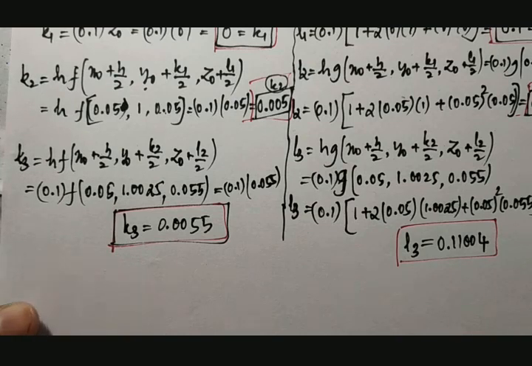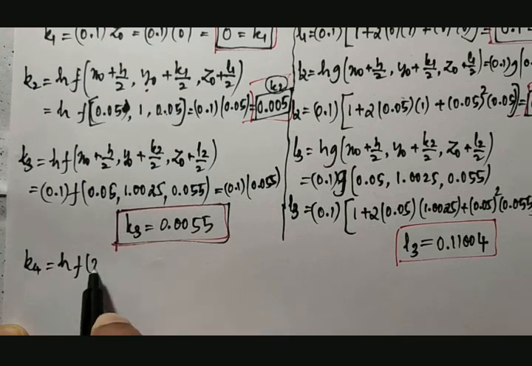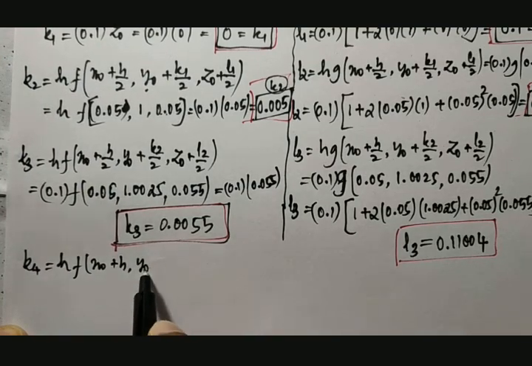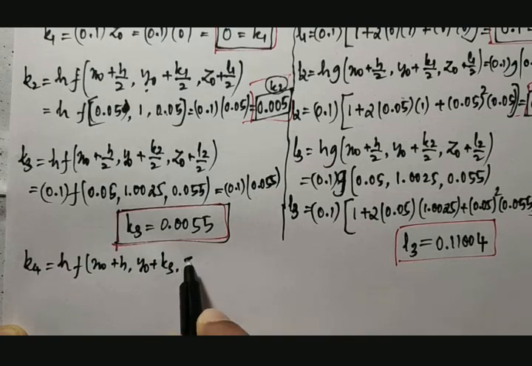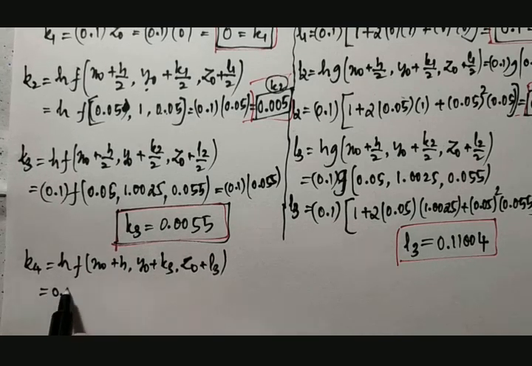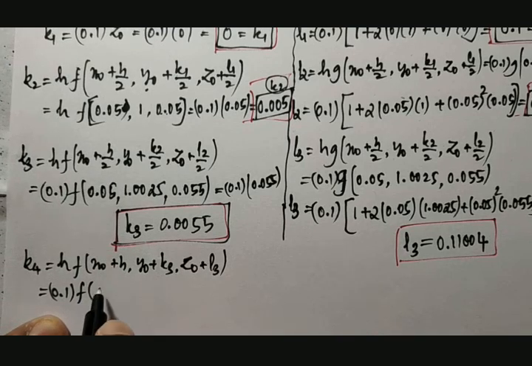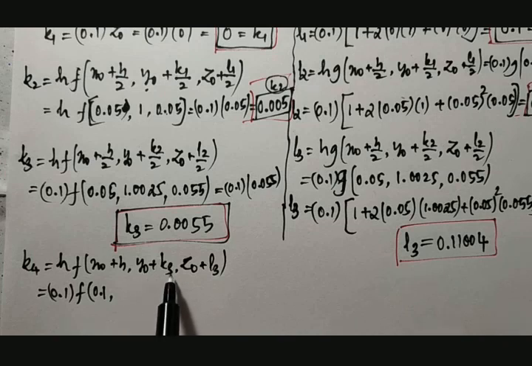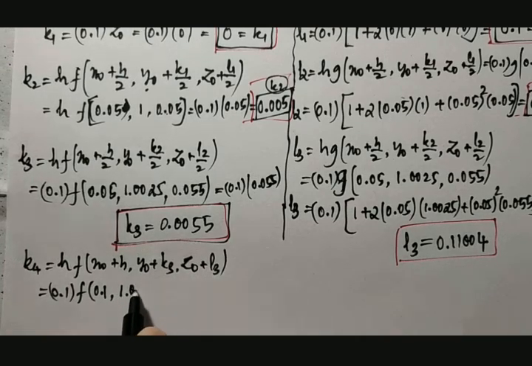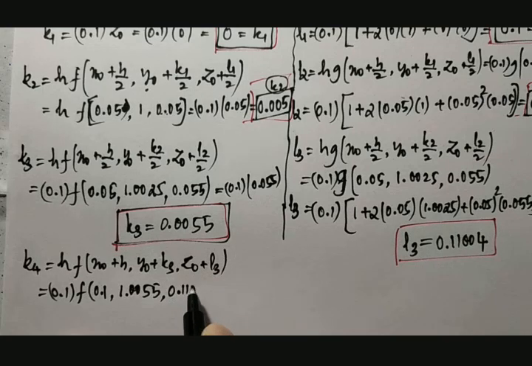So let us see what K4 is. K4 is equal to h into f of x0 plus h, comma y0 plus K3, comma z0 plus L3, which is nothing but 0.1 into f of 0 plus 0.1, comma y0 is 1 plus K3, so it is 1.0055, comma z0 is 0 plus L3, that is 0.11004.